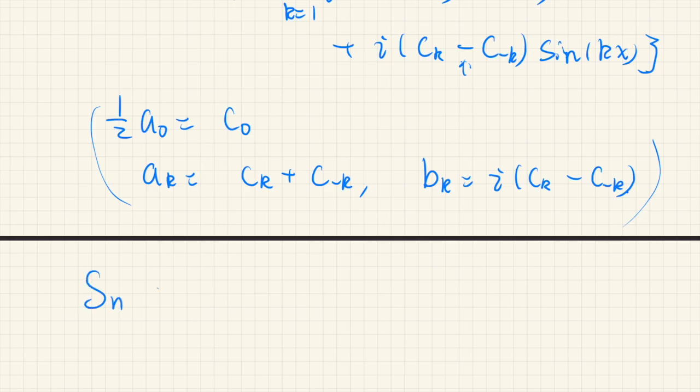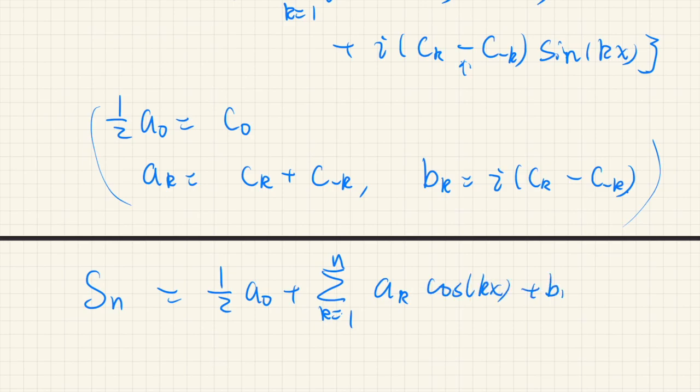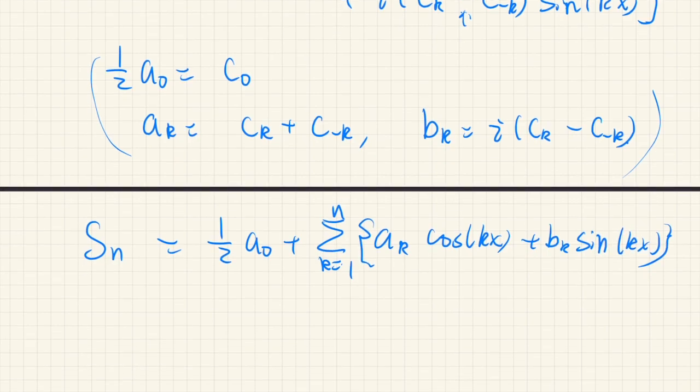Then we have this partial series as 1/2 a0 plus the sum from 1 to n of ak cosine of kx and bk sine of kx. So if we take the limit, assuming this converges, then we have the real Fourier series.